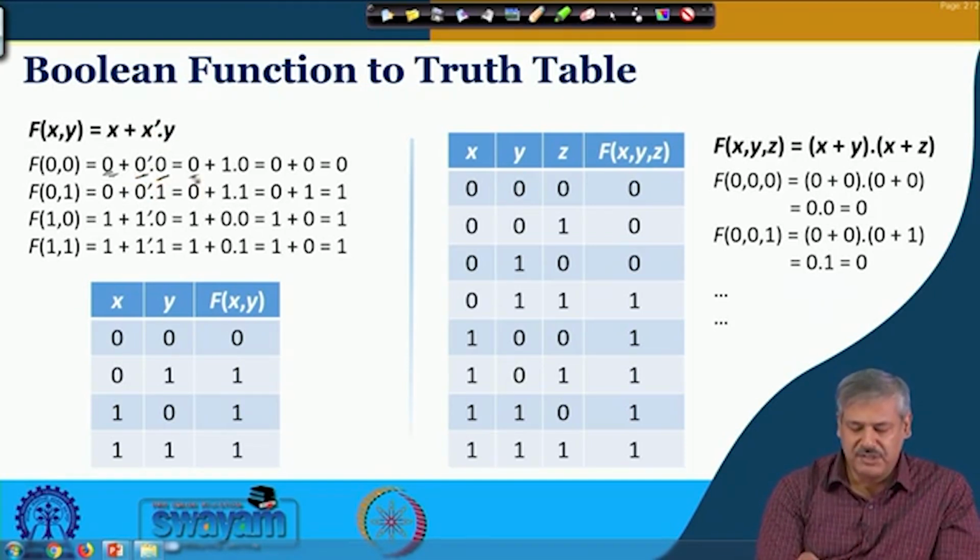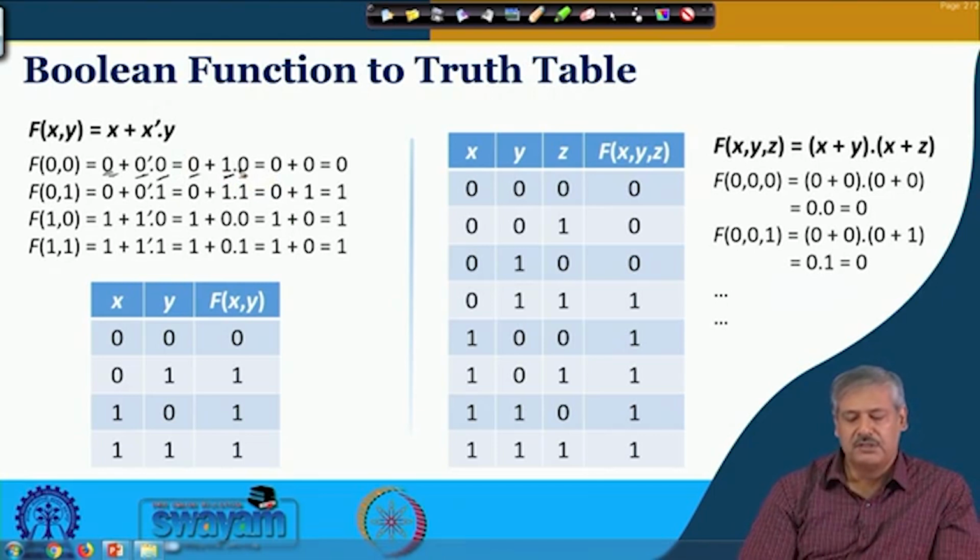So this 0 remains 0 and this 0' becomes 1, and 1 ANDed with 0 is 0. So 0 plus 0 is 0. This way we get one particular row of the truth table, which we see filled up.